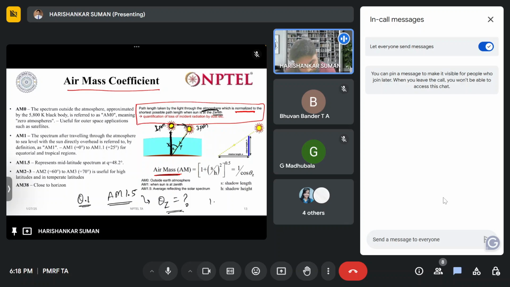So put 1.5 equal to 1 upon cosine z. Now we can solve. Please tell me. Solve this equation: 1.5 equals 1 upon cosine z.